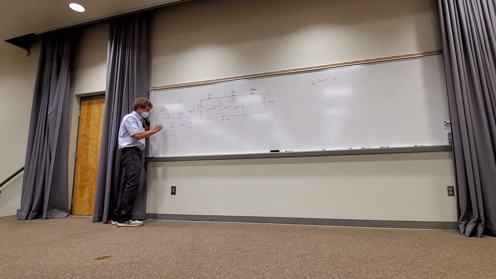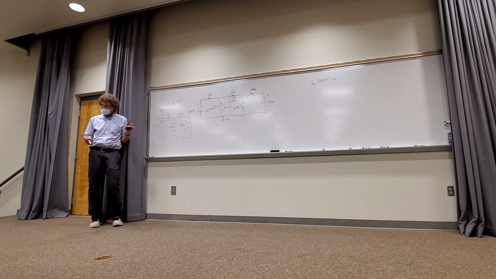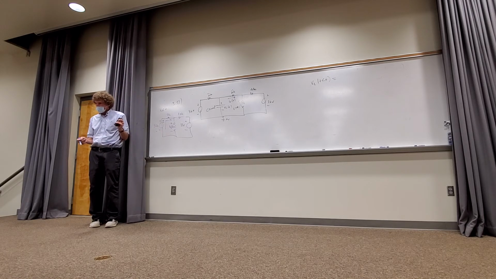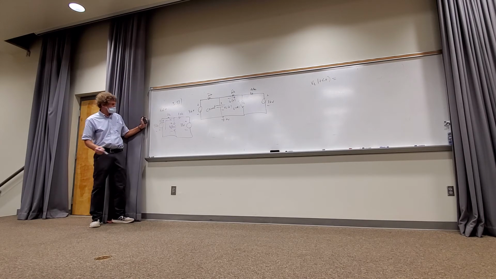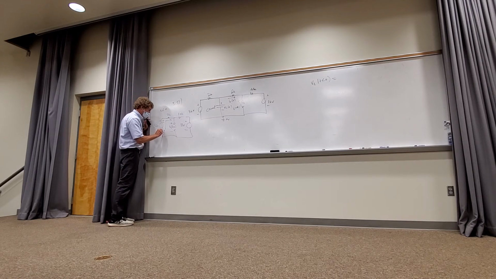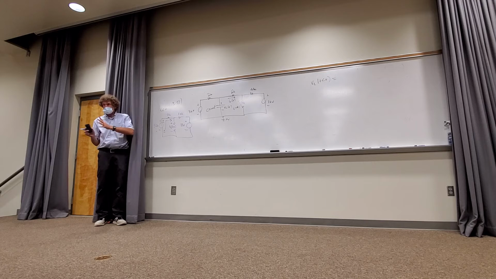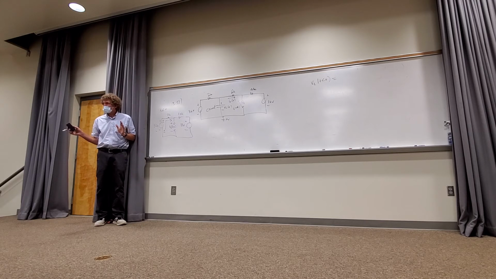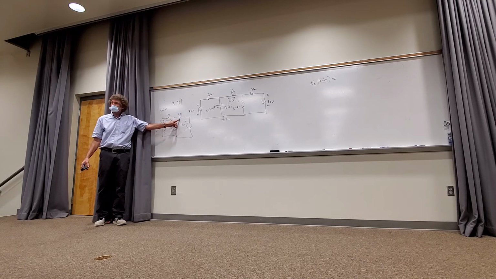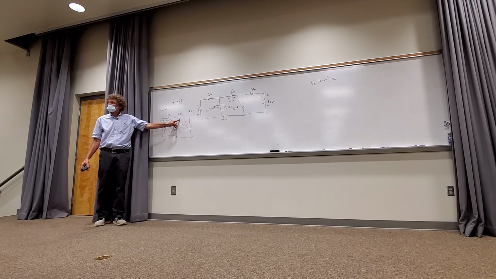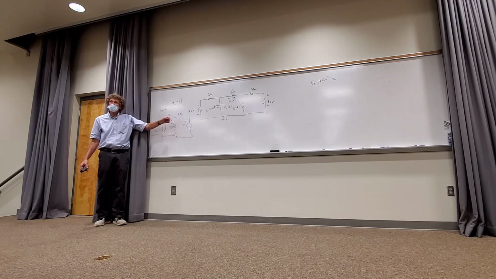I won't do source transforms. I want to get this current. None can flow in the center, right, because it's an open circuit, correct? And y'all follow me that this current is just going to flow clockwise, right? Now if I just want this current, some of you can see it already. Can't I even combine these two resistances? Sure, they're in series, aren't they? We only want that current, so it could be just 12K.